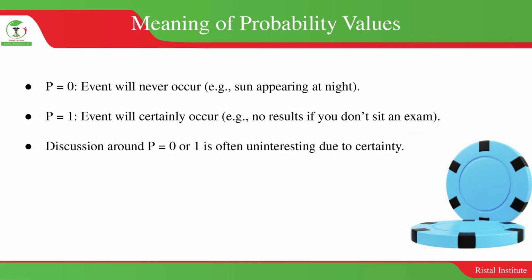For example, having the sun at the night hour is a probability that will never happen. There is no way we can have the sun during the night. Whereas one implies that the event is certain to happen, meaning you're very sure that the event will certainly happen.